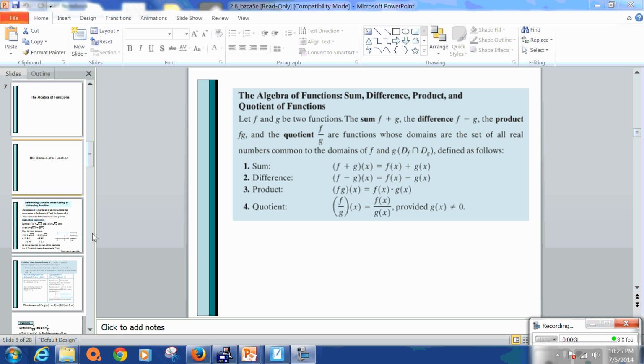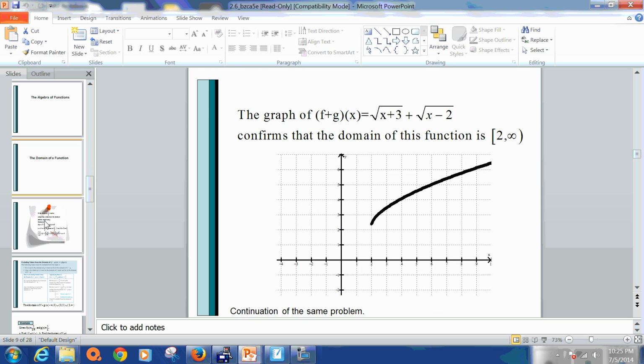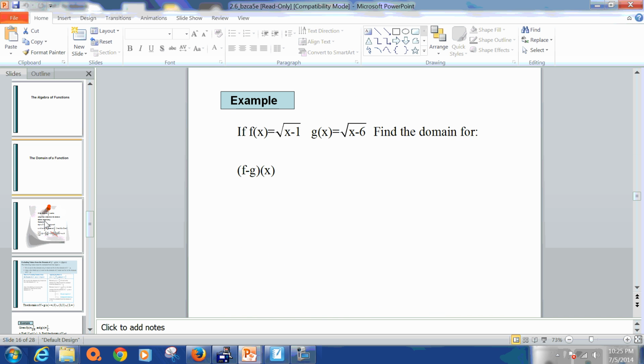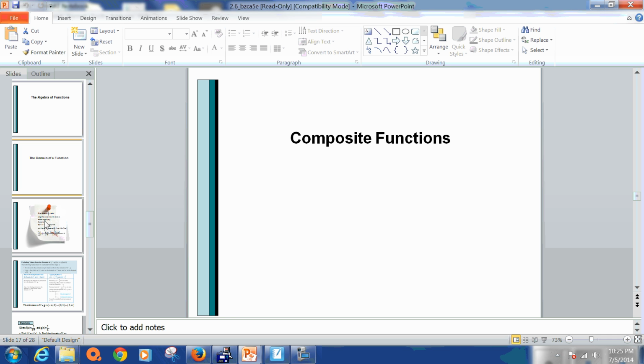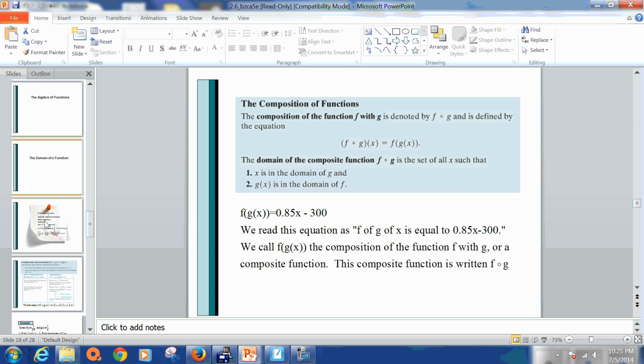Much more interesting is the idea of the composites. What a composite does is basically take one function and put it into another. So I'll have one thing that I'll have to do to crunch a number, then I'll take that and put it into the other one. You can think about it as a two-step solving process. We also have two different ways that we can write it.